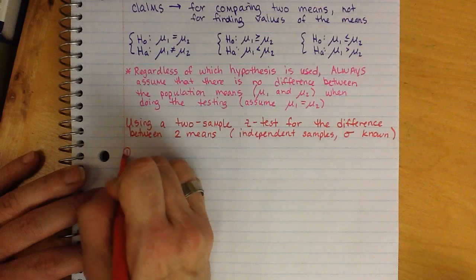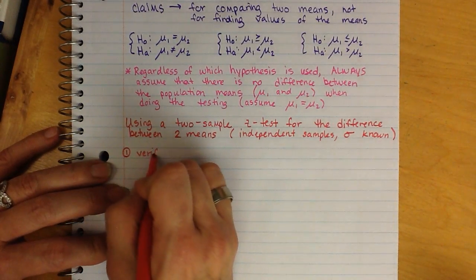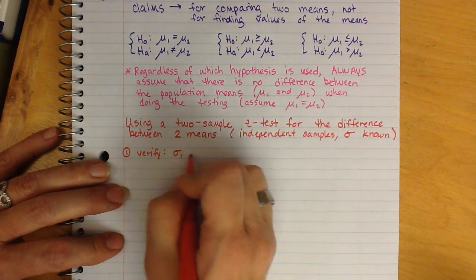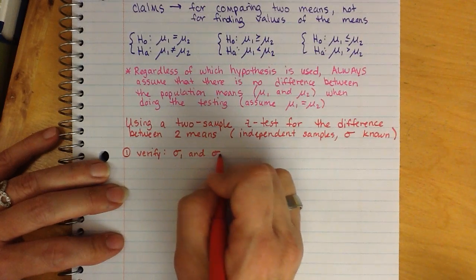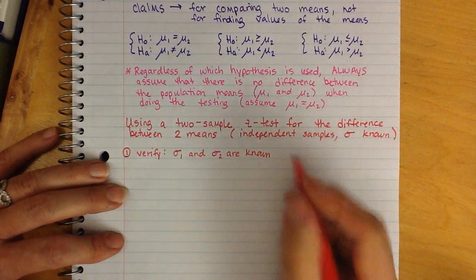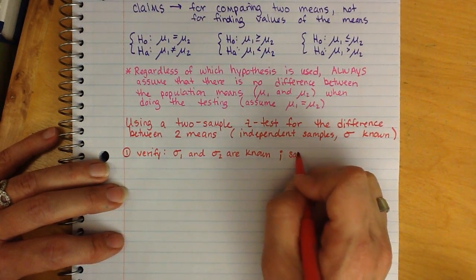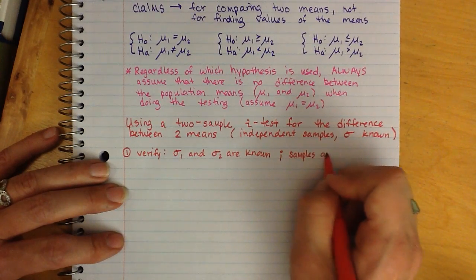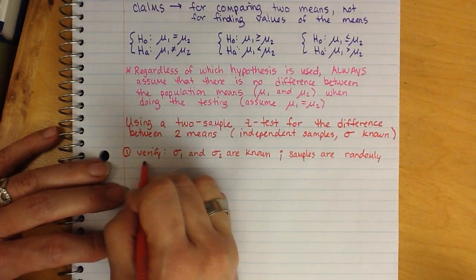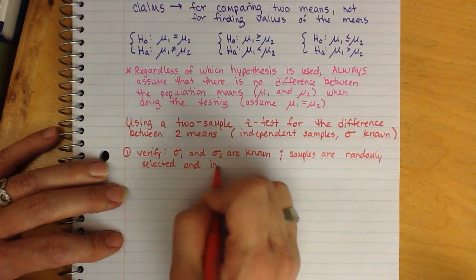So the first step, we have some things to verify. We need to verify that sigma 1 and sigma 2 are known. We also need to know that our samples are randomly selected and they are independent.